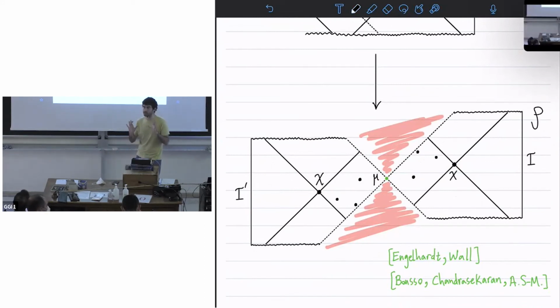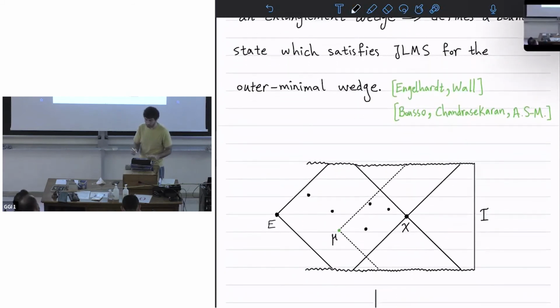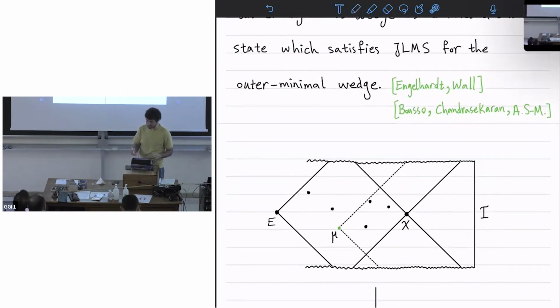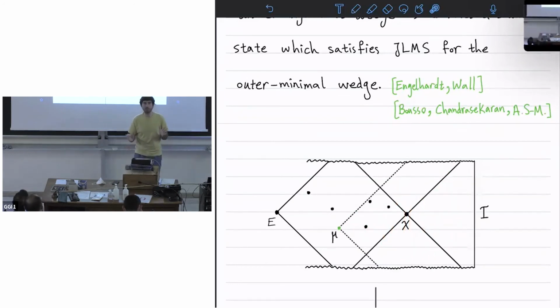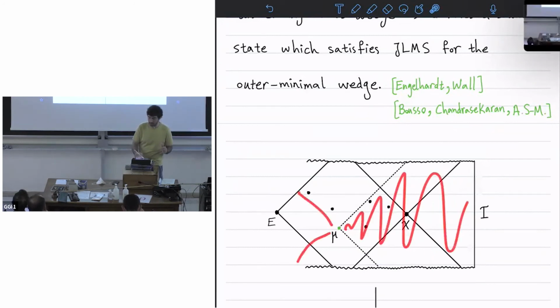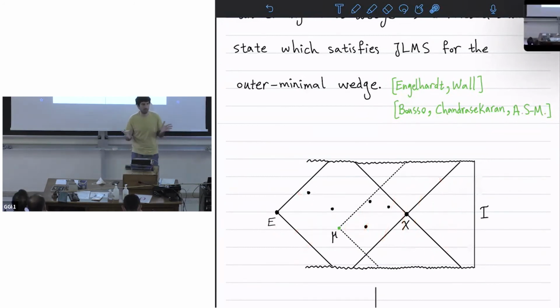That's the density matrix you can define on the boundary, and you can wonder how that density matrix acts in this spacetime, in this state. Presumably it acts in this region and commutes with the things outside. This needs to be checked, but it's a very feasible thing, and it's important here that the surface was quantum outer minimal.